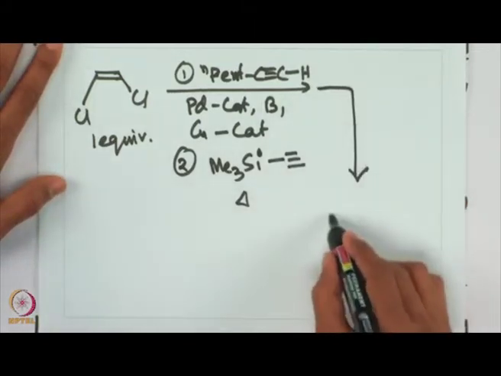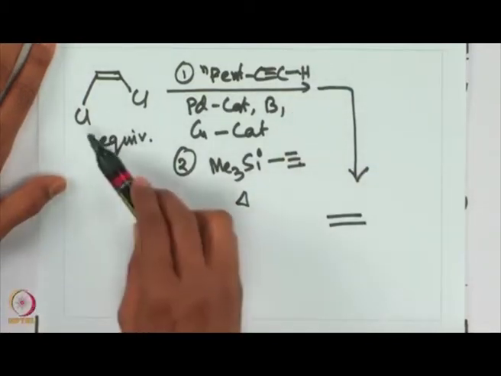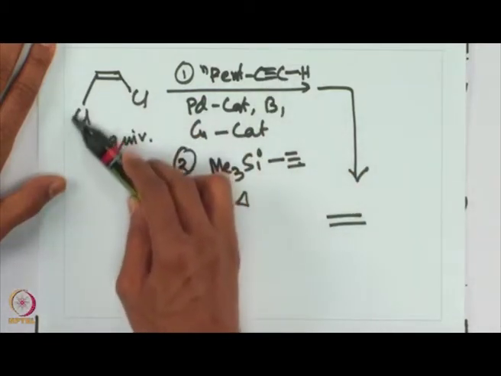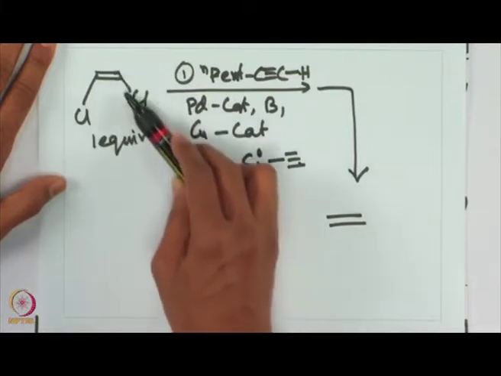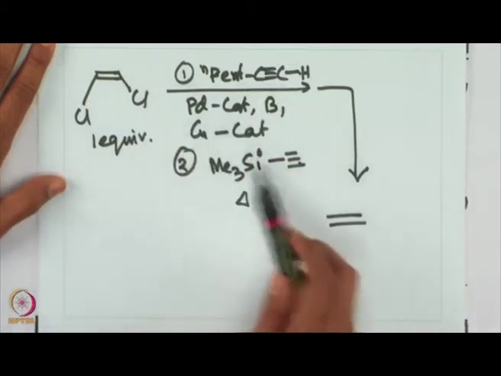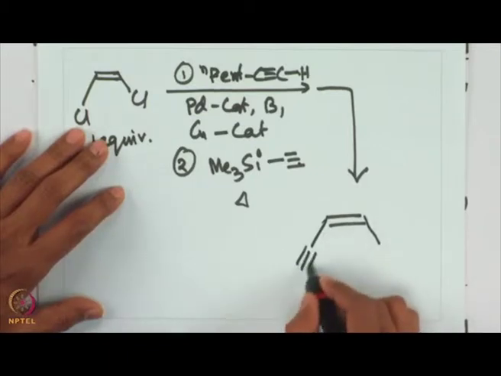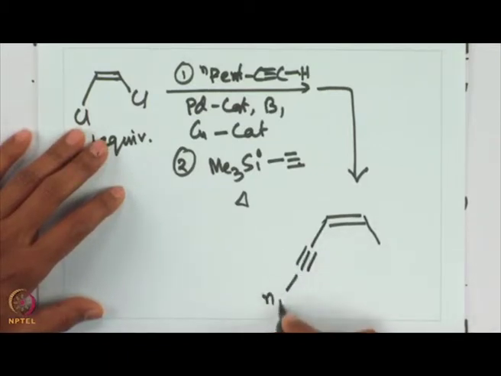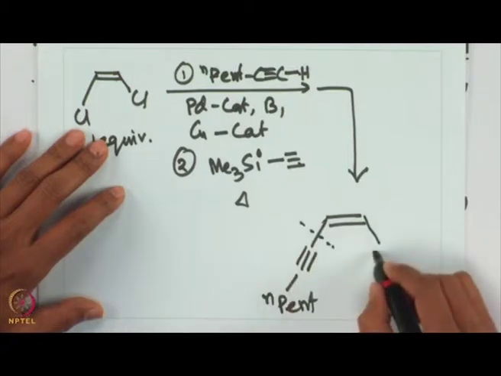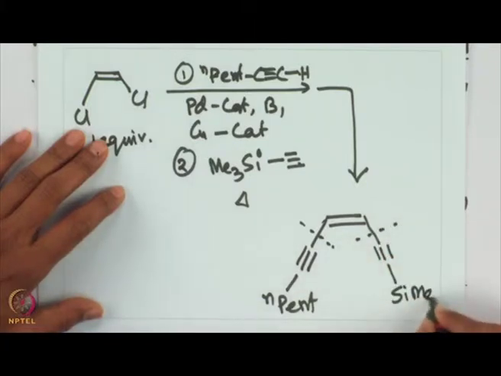Overall what you will see, this is one equivalent, this is one equivalent, and this is also one equivalent. So, one equivalent will react with this one first to give the alkyne on one end, the other end will not be reacting at all, and that one will react with this one to give an asymmetric, or differentially substituted, alkyne on that olefin starting material. So, for one equivalent of alkyne it will be this, and the other equivalent will give rise to the SiMe3 product on the other hand.